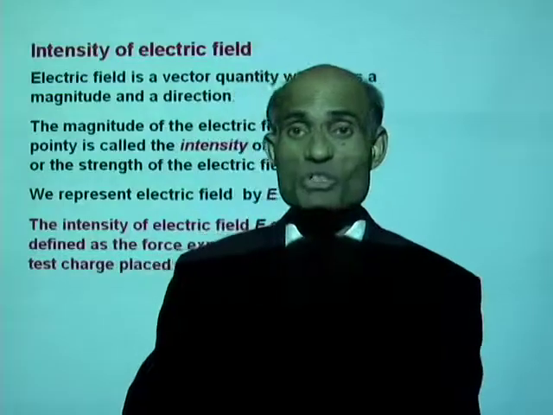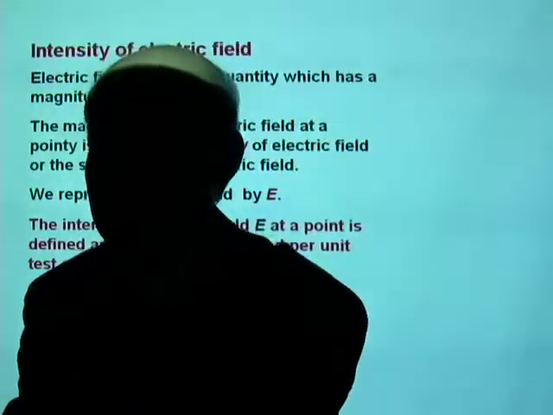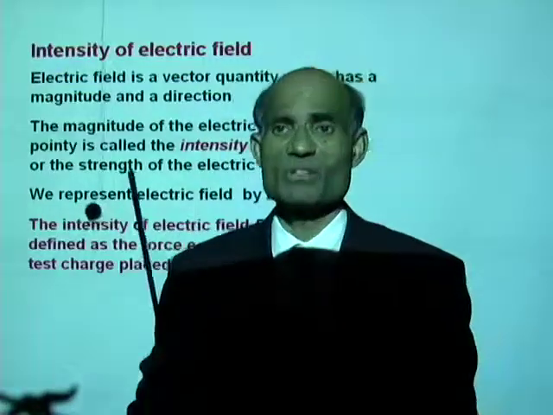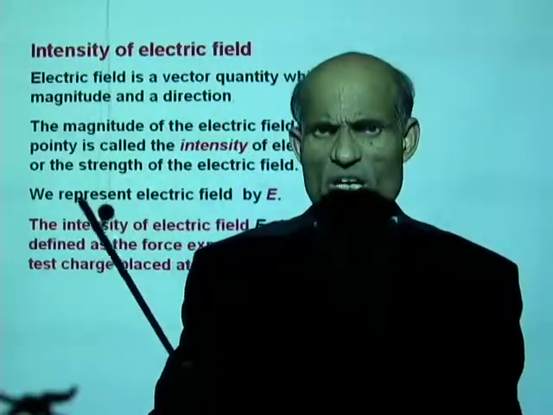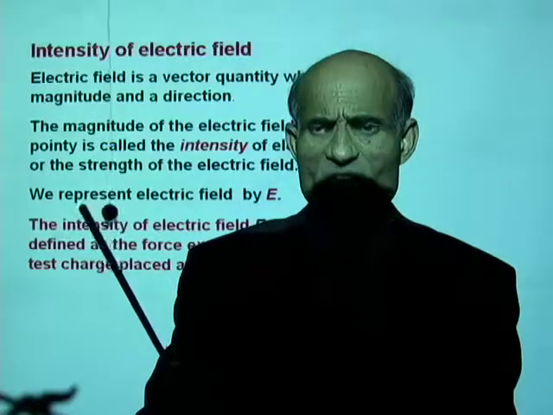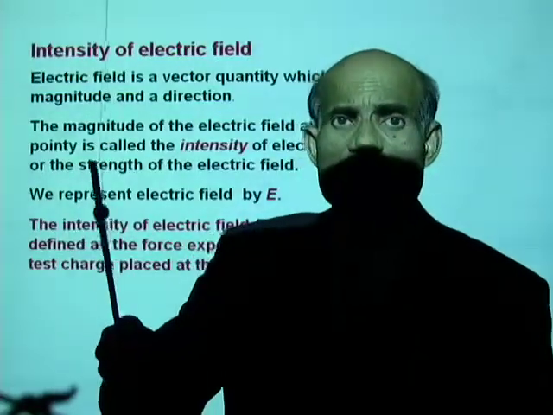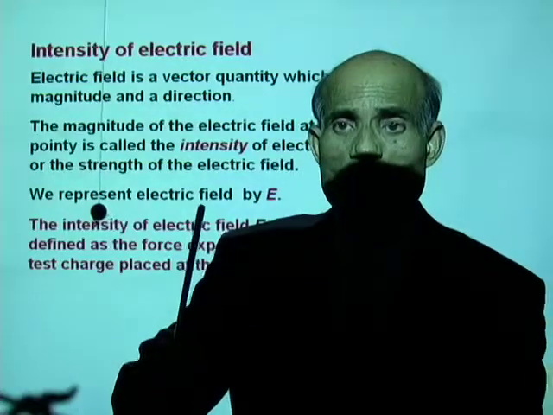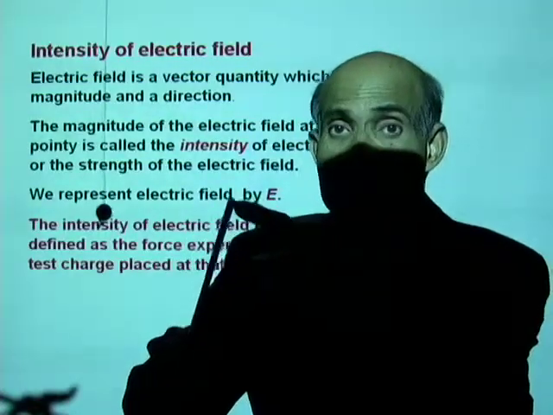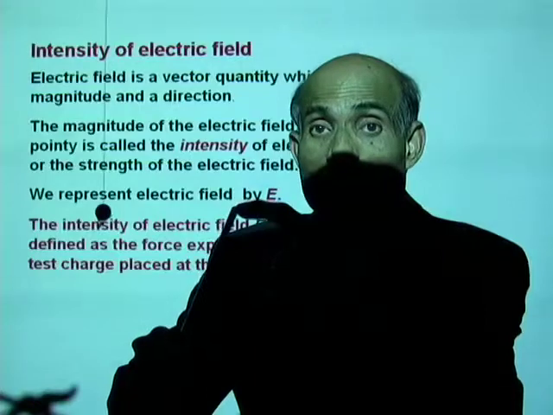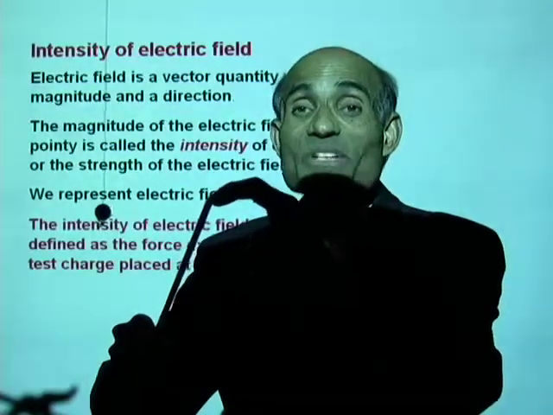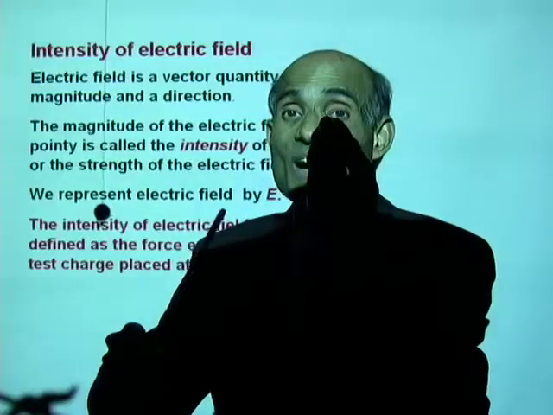So if I want to determine the intensity of the electric field due to this charge, now here is a charge here. If I want to find the intensity of the electric field at a point where my pointer is, all I need to do is place a test charge there and measure the force it experiences. And what is our test charge?